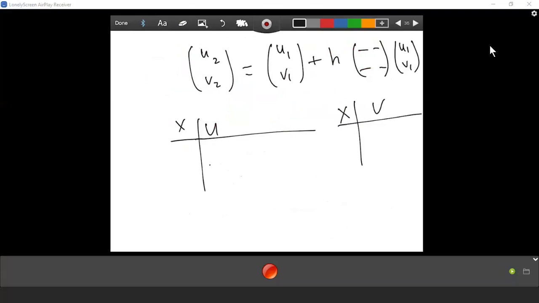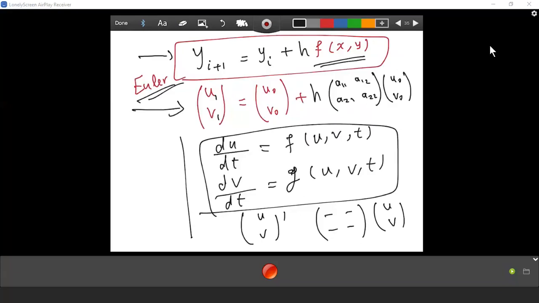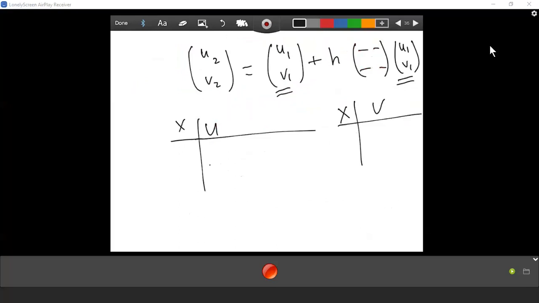Be careful when you take this as a common factor: you take it outside, U naught V naught here, and here you will have A11, A12, A21, A22, and H times the 2 by 2 identity matrix. What is the identity matrix 2 by 2? It is 1, 0, 0, 1. So this is how to solve this one.